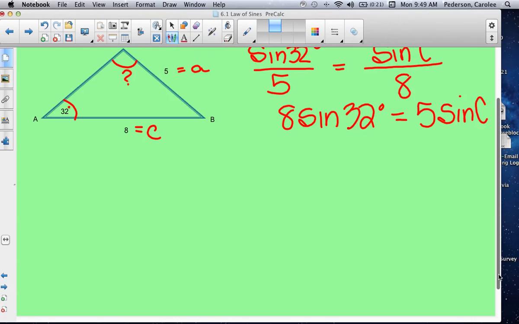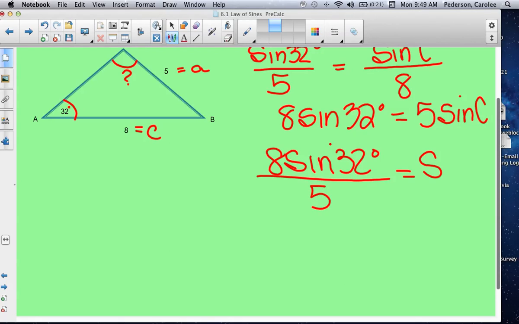Divide by 5. Then you have to take the inverse. Correct. Then you have to take the inverse sine to find the angle measure. What is the decimal value of 8 times the sine of 32 degrees over 5? 0.8478.